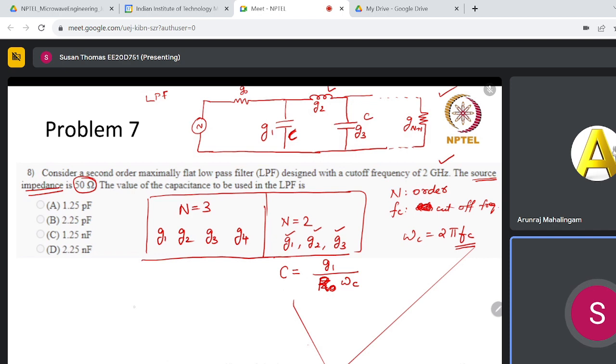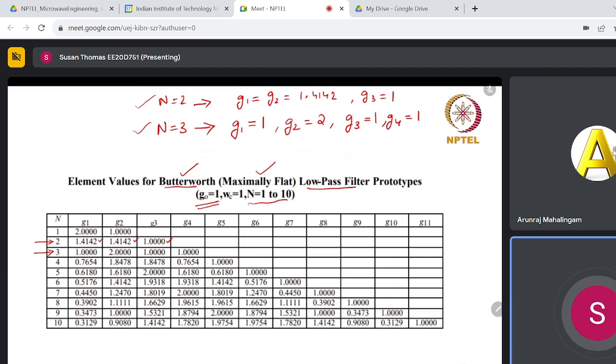Now, going back to how we calculate the inductor value. Z naught, or let me write it as R naught, into G2 divided by omega C. Okay, so suppose if n is equal to 2, from this table we know the value of G1 and G2.